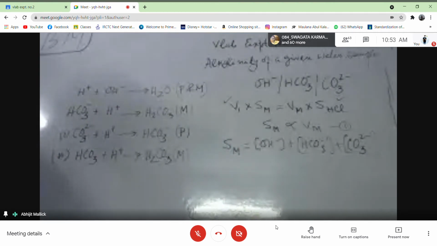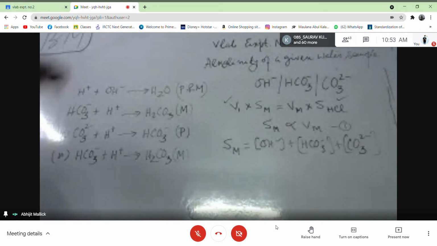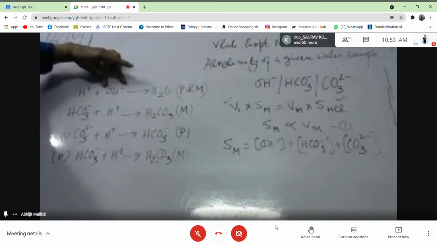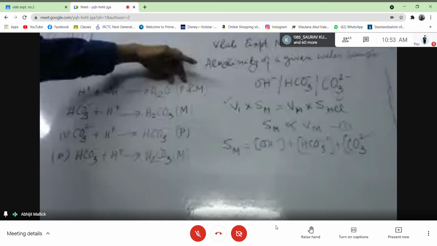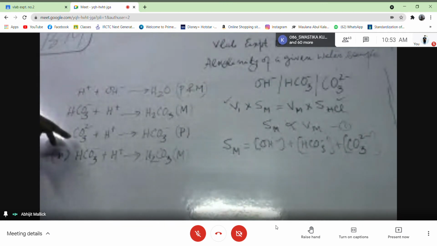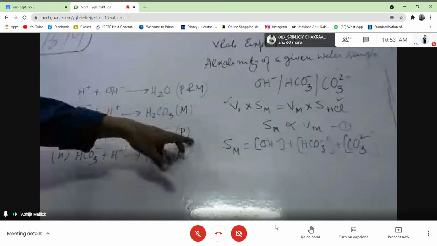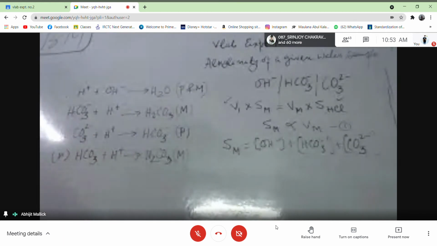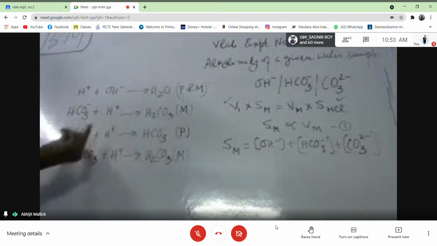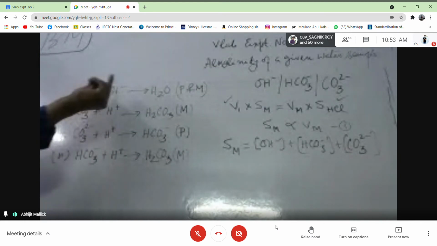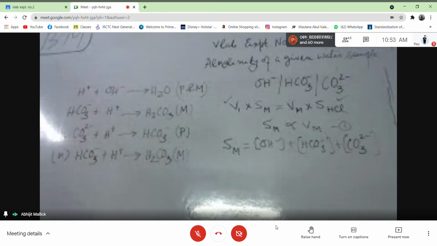So here you can see phenolphthalein can determine OH minus. Total OH minus can be determined by phenolphthalein. On the other hand, 50% of carbonate ion, this is the first reaction, can be determined. Second reaction cannot be determined. That means theoretically 50% of carbonate ion can be determined, and total OH minus can be determined.